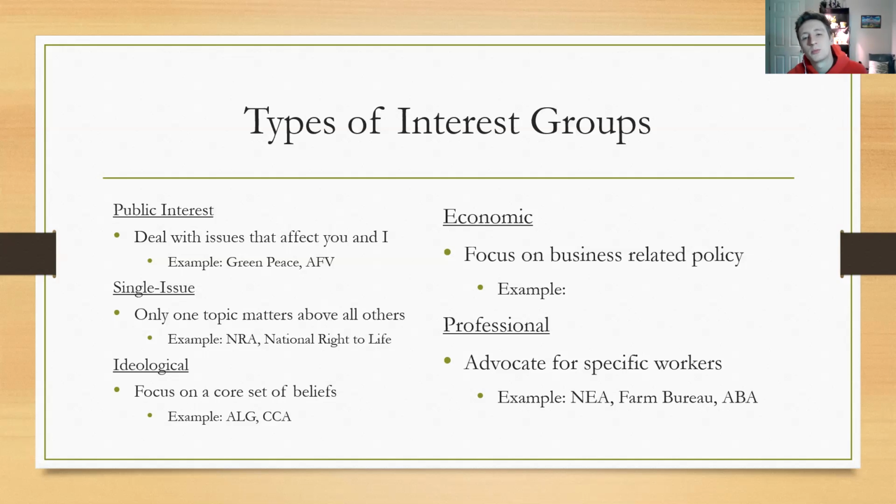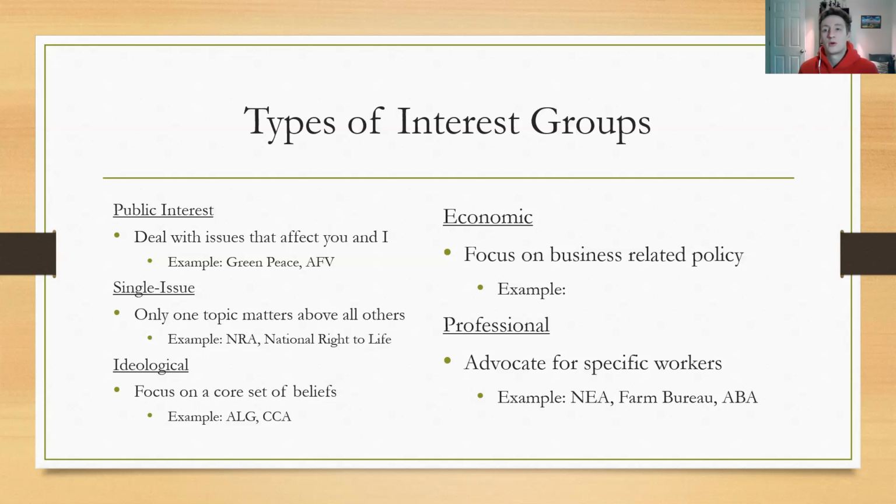So economic groups focus on business-related policy. For example, ExxonMobil, they are a part of an oil interest group, them and a number of other groups, and those all push forward for oil-related policies, and they care about oil organizations and things like that.